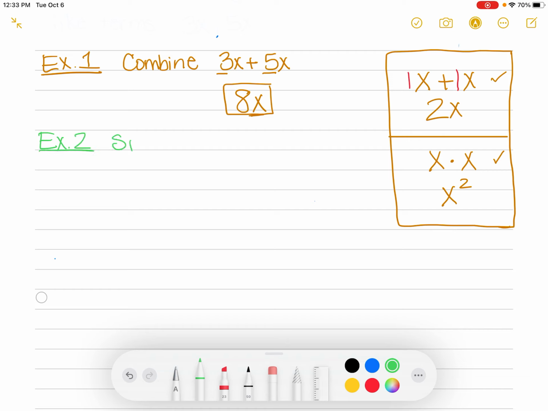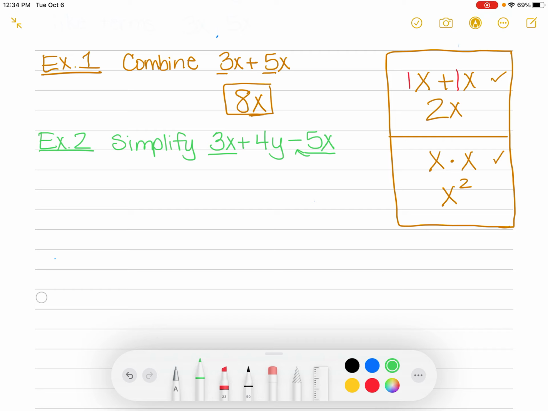Okay, sometimes it will say combine like in the first example, and sometimes it will say simplify. They're pretty much the same thing. Okay, so this looks like the one that I did a minute ago to show you what like terms are, only we changed around some of the pluses and minuses. So on this one, we're going to take our like terms, which are 3x and 5x, actually negative 5x, and we're going to put those together.